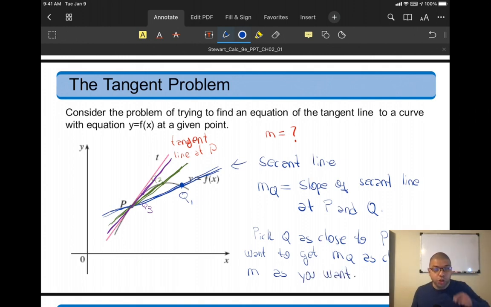So the closer you choose Q to P, the closer the slope of the secant line is to the slope of the tangent line. And that's the idea of how you solve the tangent problem. This is something people struggled with for a very, very long time. It got solved, I think, around the 1700s, by Newton and Leibniz. We're going to talk about these people as the class progresses.